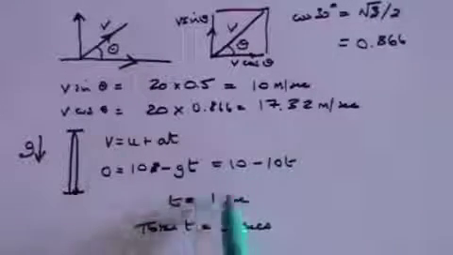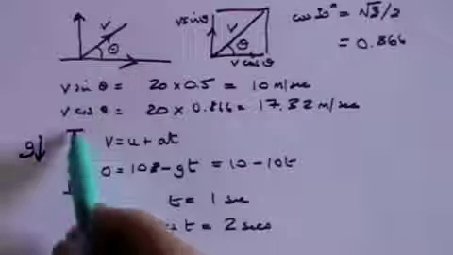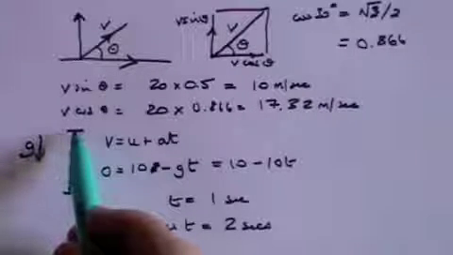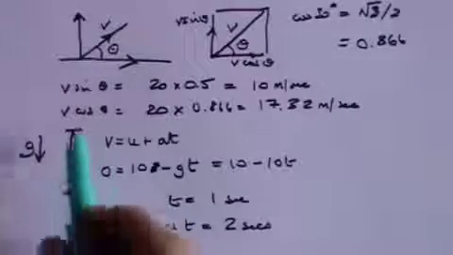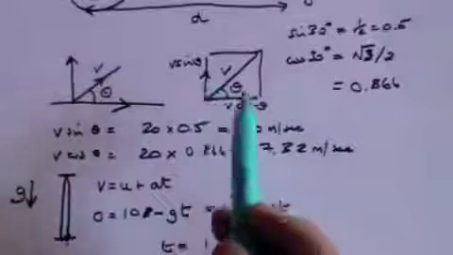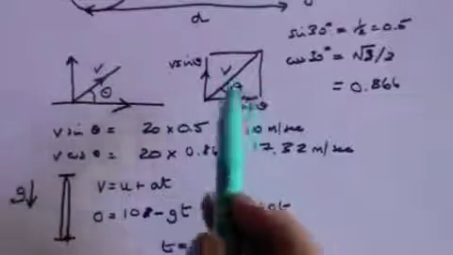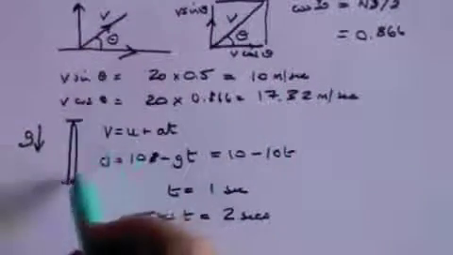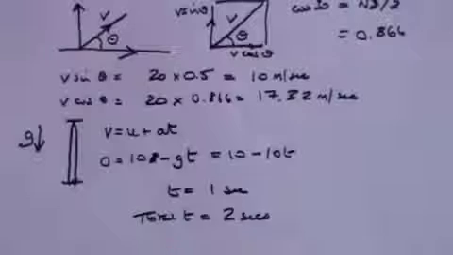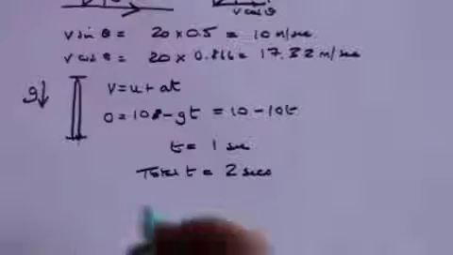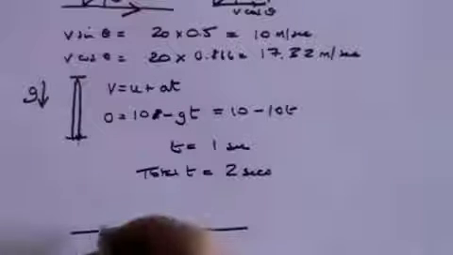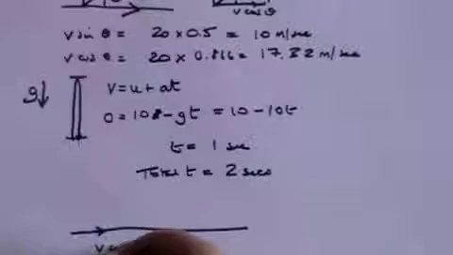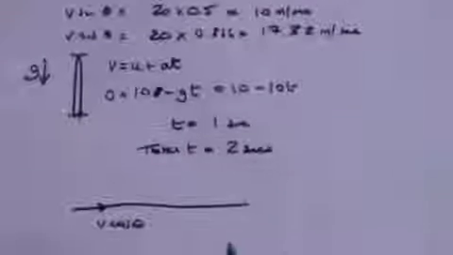Remember, the 1 second was the calculation simply to go from where it's fired to where it stops. Remember, we're talking just about the vertical component. We said that we can treat these two components entirely independently. So here we are, it takes 2 seconds. Now in those 2 seconds, the ball is travelling with a horizontal component which is equal to v cosine theta.